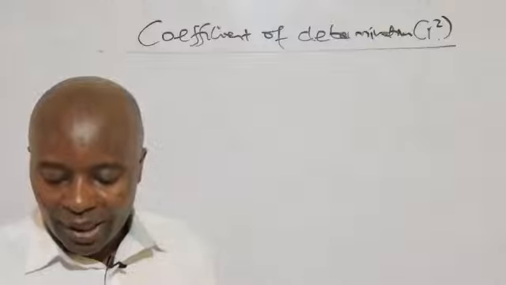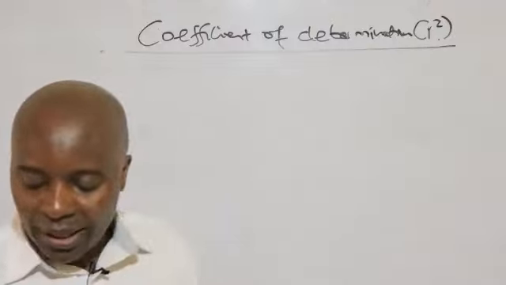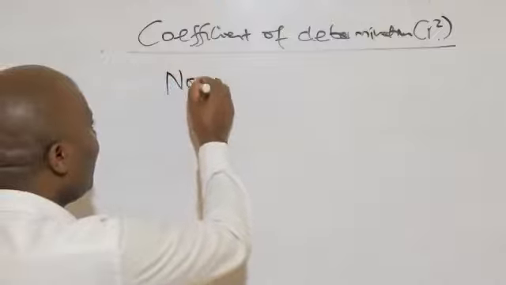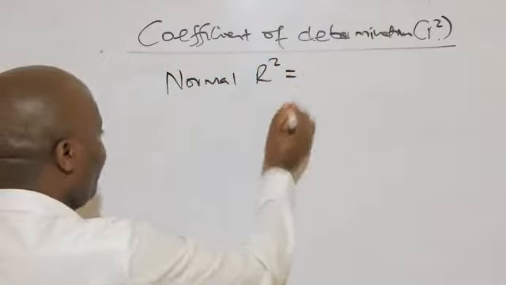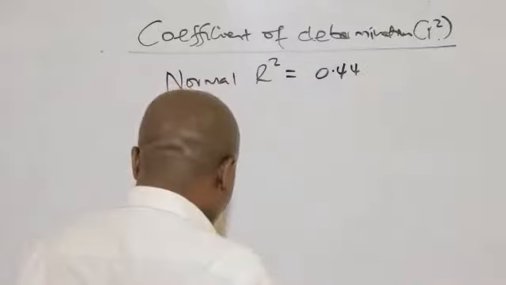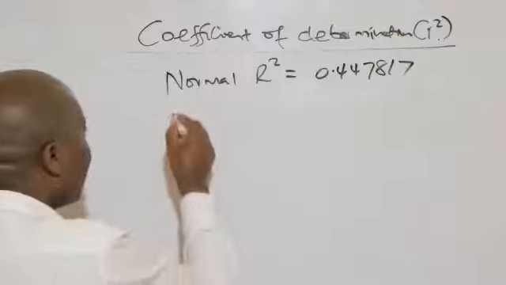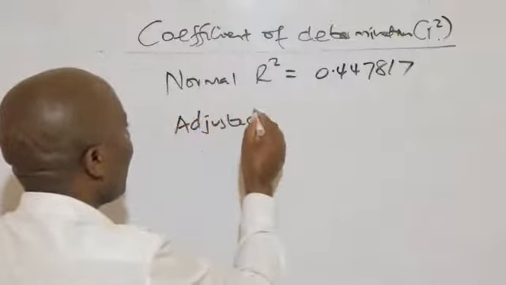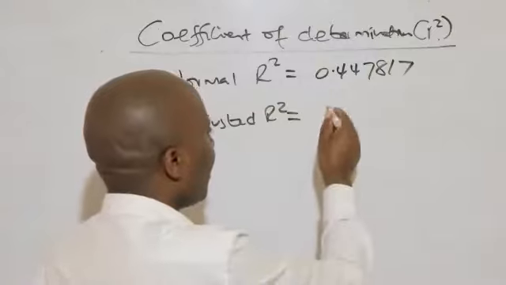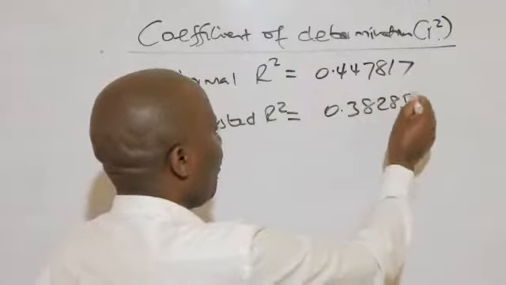Now, ladies and gentlemen, here they have given us two R squared. We have the normal R squared, 0.4478 17, and then we have our adjusted R squared, which is 0.3828 45.